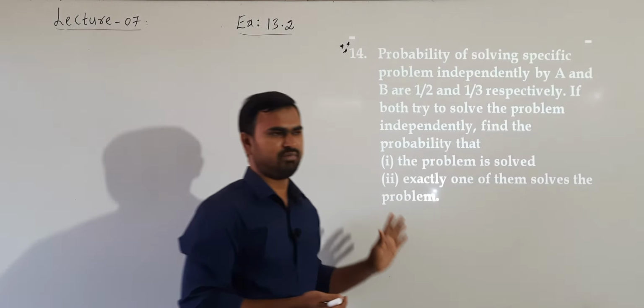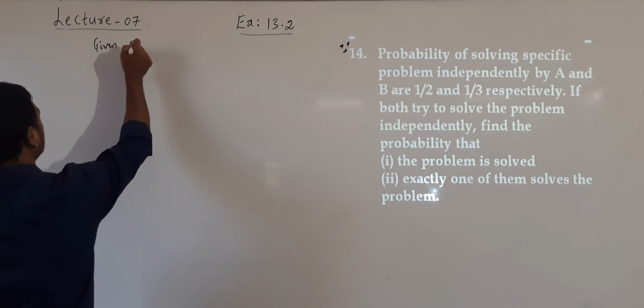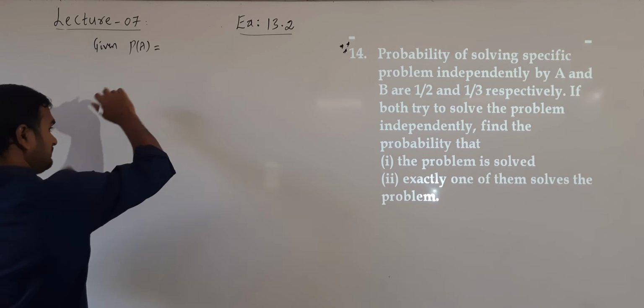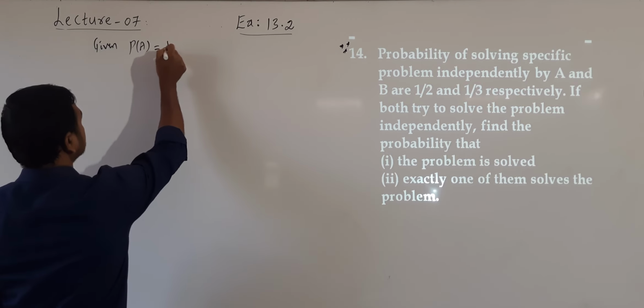So let us take the probability of solving. Given probability of A is 1 by 2 and probability of B is 1 by 3. Now both of them are trying to solve independently. So what can you write?